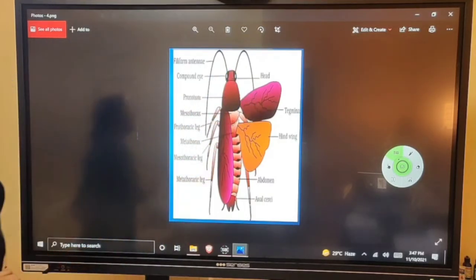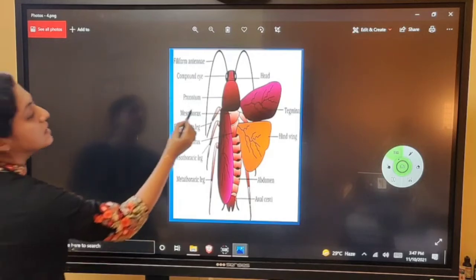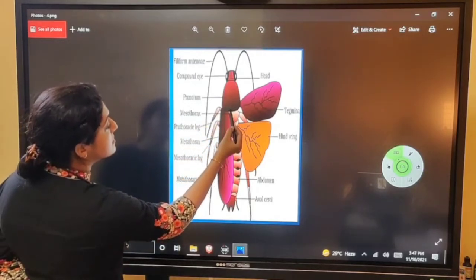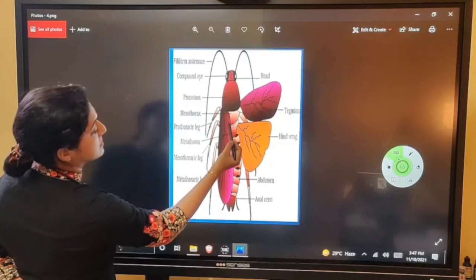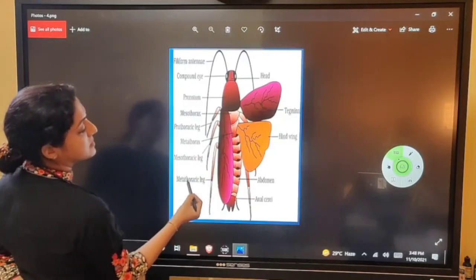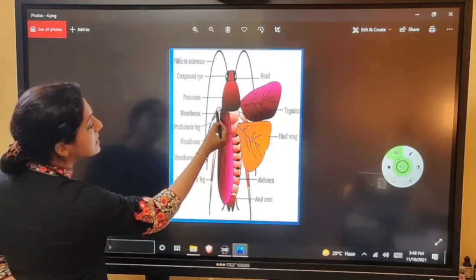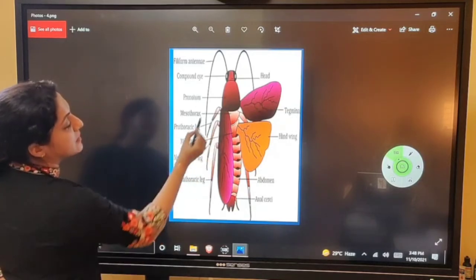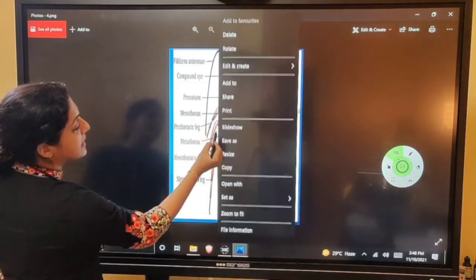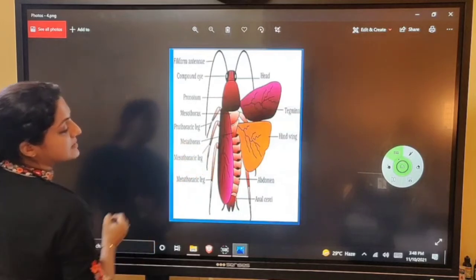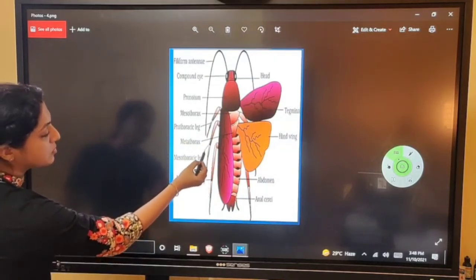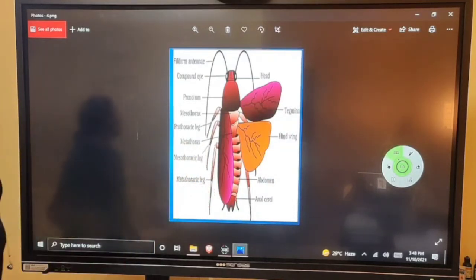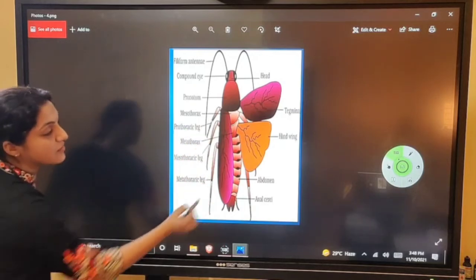Appreciate the antennae. Now you can see this is the mesothorax, the metathorax. Alright, see these three pairs of legs. See the prothoracic leg, the mesothoracic leg and the metathoracic leg. Appreciate the three pairs of legs.